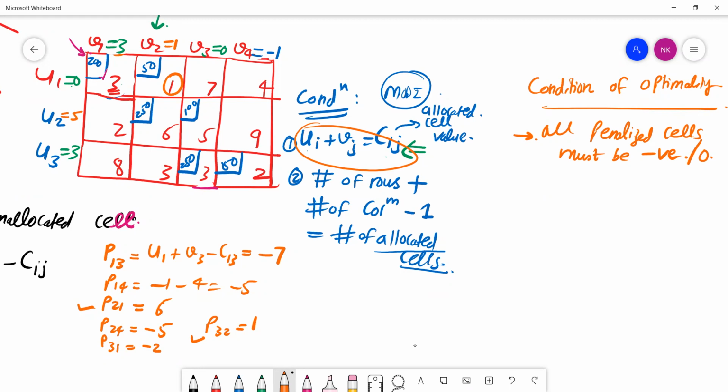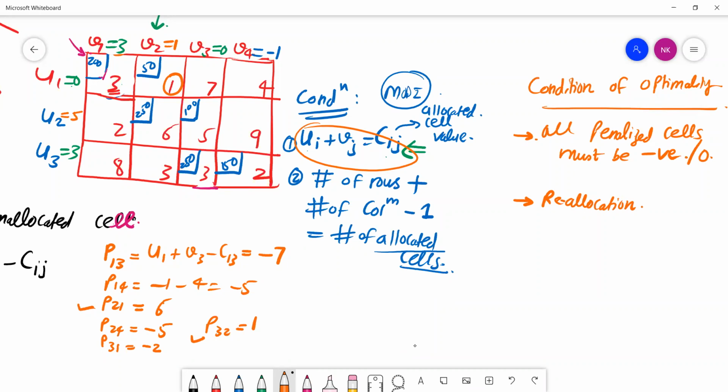So for that, what you need to do is reallocation, because there is a signature that you have not assigned the perfect or correct cell. So we will be dealing with the reallocation.